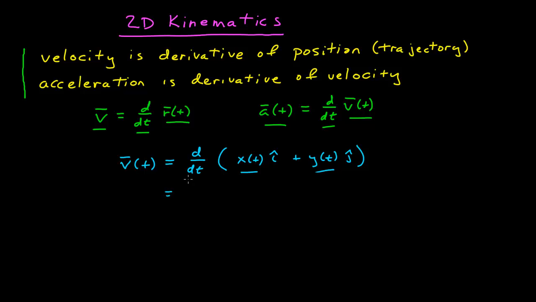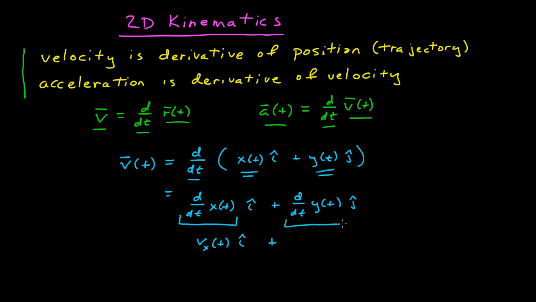Then this operation of differentiation, using our rules, just acts on each of these separate functions, and we get the operation on the x component function i hat plus the operation on the y component j hat. And so then we identify this as the x component of the velocity, which we've seen before, we call v sub x, and then this we identify as the y component of the velocity.